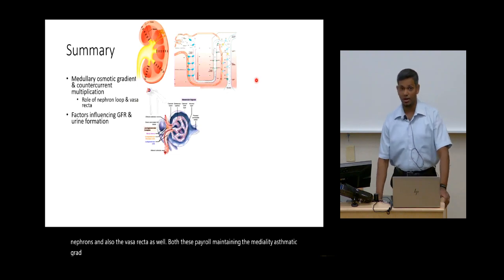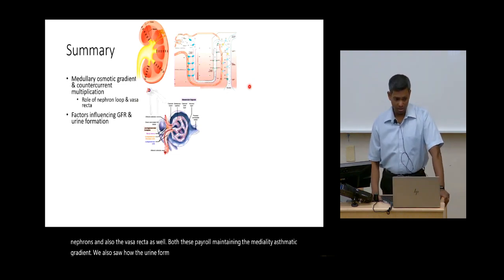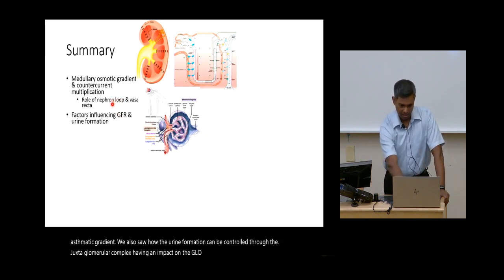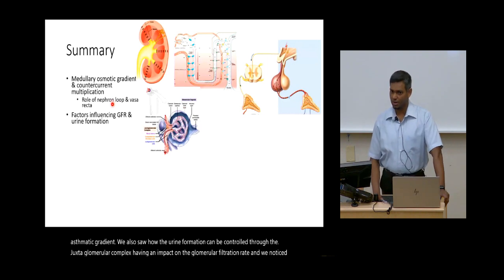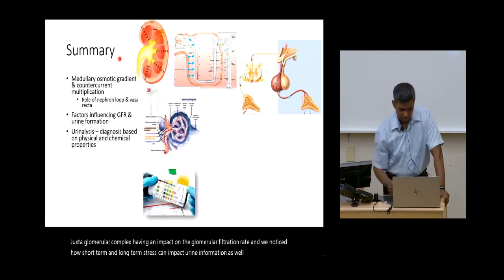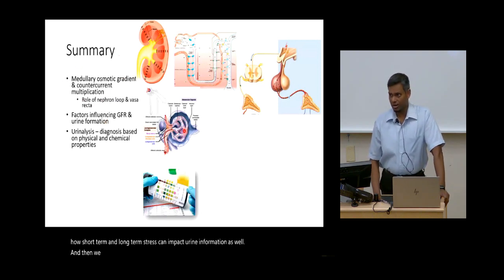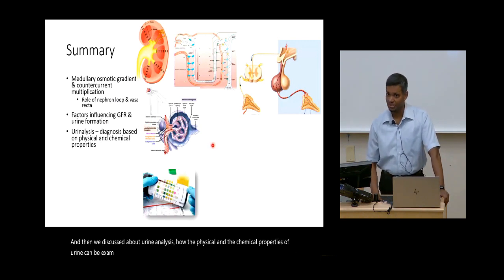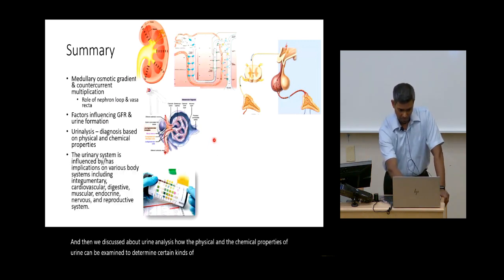We also saw how urine formation can be controlled through the juxtaglomerular complex having an impact on the glomerular filtration rate, and we noticed how short-term and long-term stress can impact urine formation as well. And then we discussed urine analysis, how the physical and chemical properties of urine can be examined to determine certain kinds of pathologies in the body.